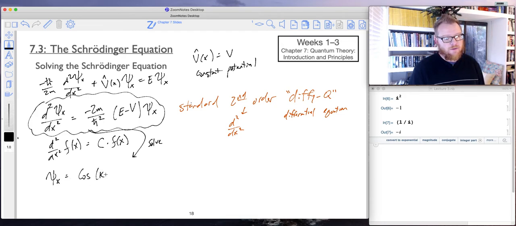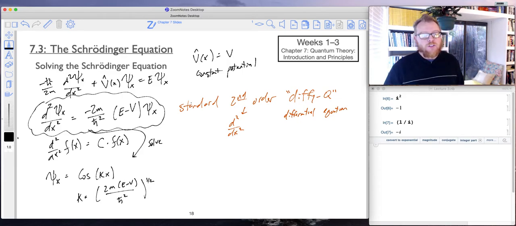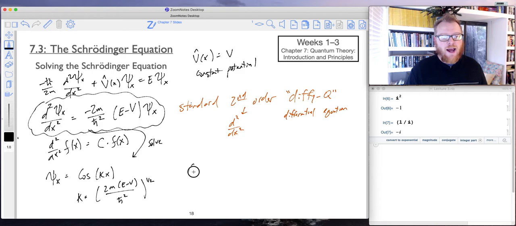So it turns out the solution to this thing here, okay, is psi of x equals cosine times kx, where k is a constant, and that constant equals 2 times m times E minus V, all divided by h bar squared, all square root. Okay? So I'll also remind you that in general, when I have this function, cosine kx, this is a standard function of a wave.